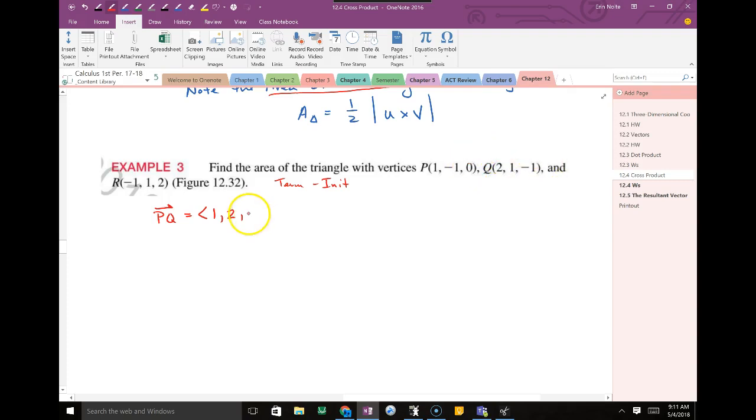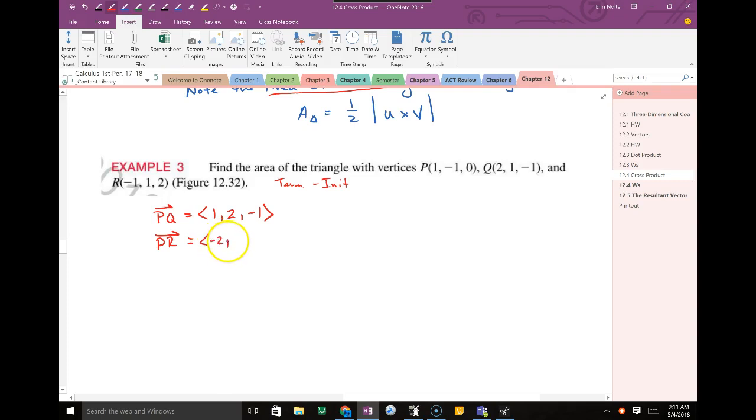1 minus 0. Okay, now I'm going to go from P to R. So now R is my terminal. So I have negative 1 minus 1. Negative 1 minus 1. Anybody?